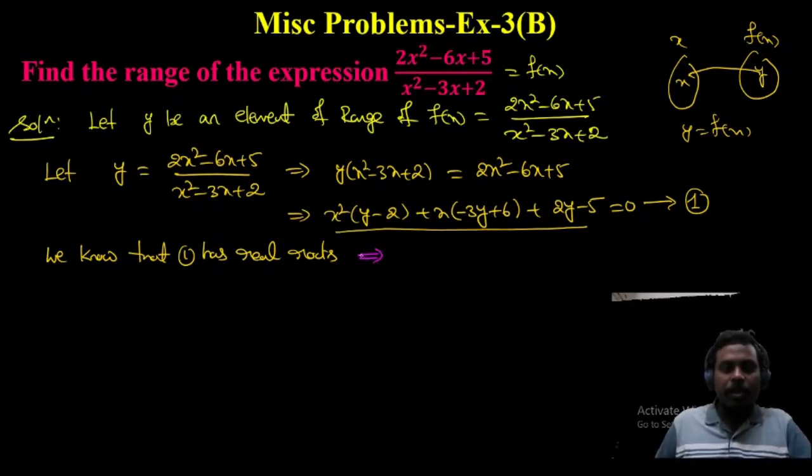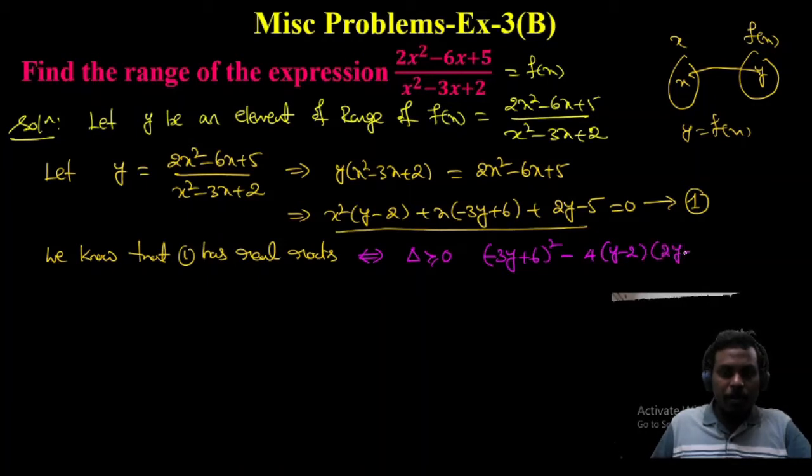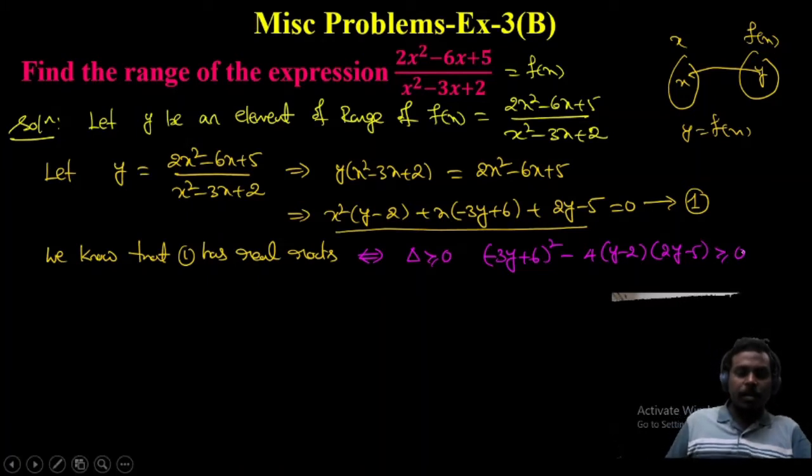This happens if and only if the discriminant is greater than or equal to 0. So what is the discriminant here? The discriminant is (minus 3y plus 6) whole square minus 4 into (y minus 2) into (2y minus 5), which must be greater than or equal to 0.